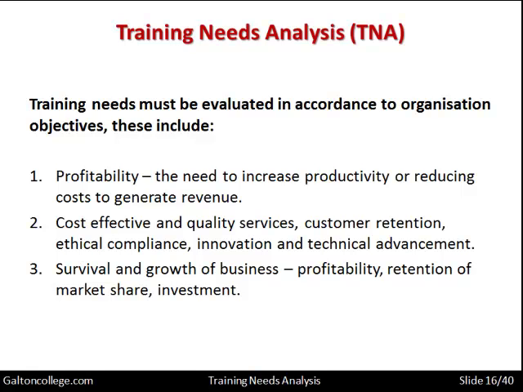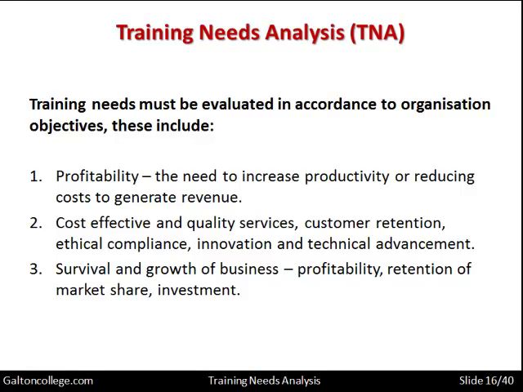The survival and growth of the business, well, profitability, retention of market share and investment. These are also important within the context of training. The business will only survive if it's efficient. And in a sense, efficiency permeates the organization. It's not good enough to have one small section of the business efficient and the rest inefficient.